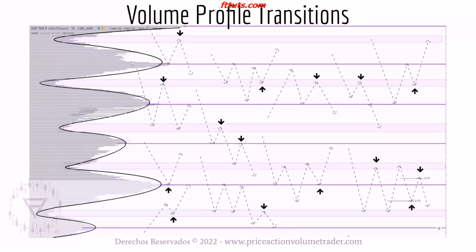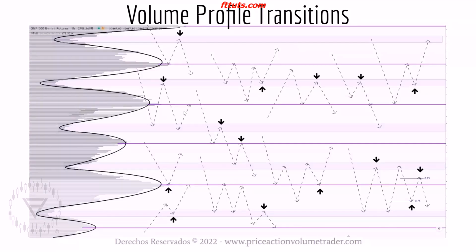I found especially when we're using a longer term profile and price is transitioning from one high volume node into an area of another node, the point of control of that next node above or below usually gives us a significant reaction, or at least it's going to slow price down and we're going to get some chop around that area, because as we talked about in the auction process between buyers and sellers, these are areas that act as magnets because there's a lot of liquidity and traded volumes around them.